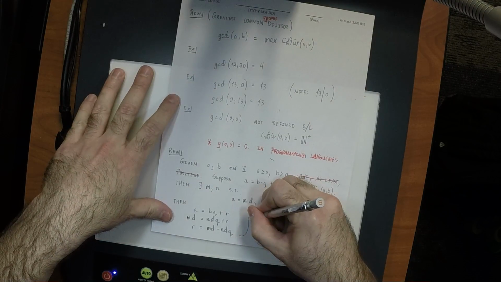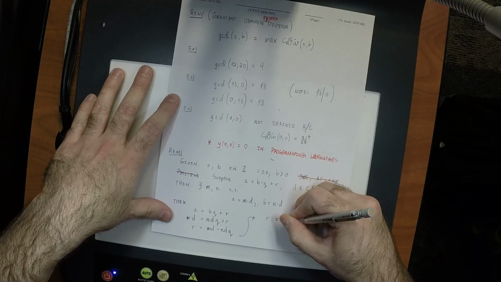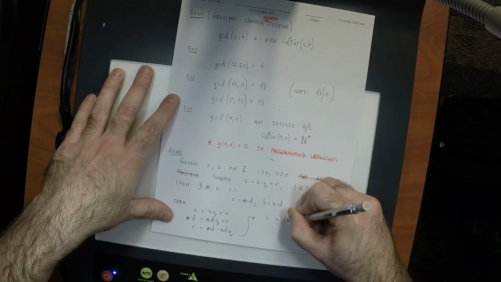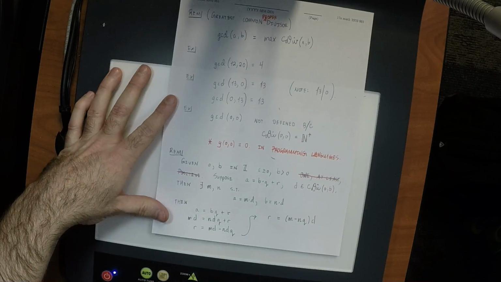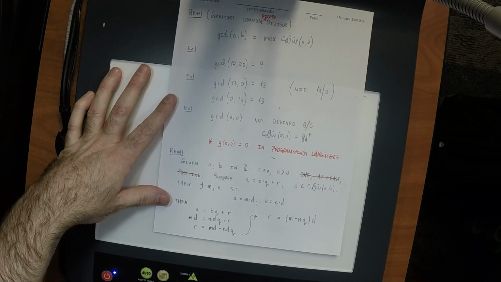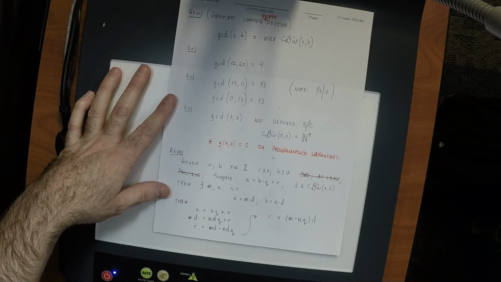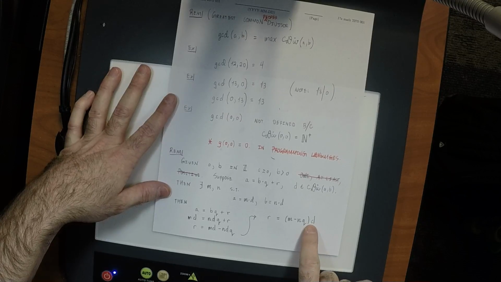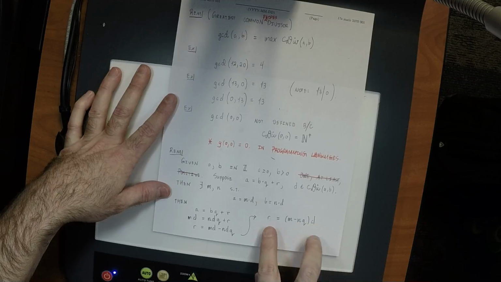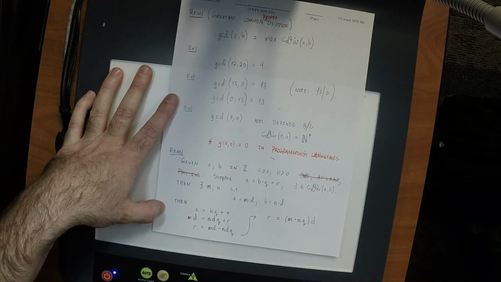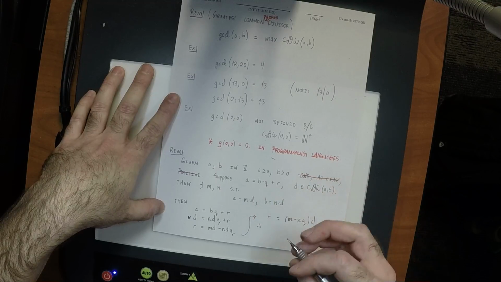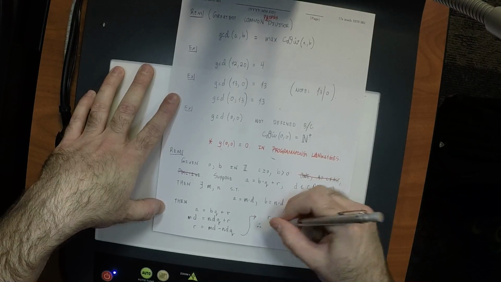So that means that R is equal to (M minus NQ) D. Now what does that tell us about R? It is composite, unless D happens to be 1. But in particular, what does that tell us about the relationship between R and D? D divides R. Therefore, D divides R.